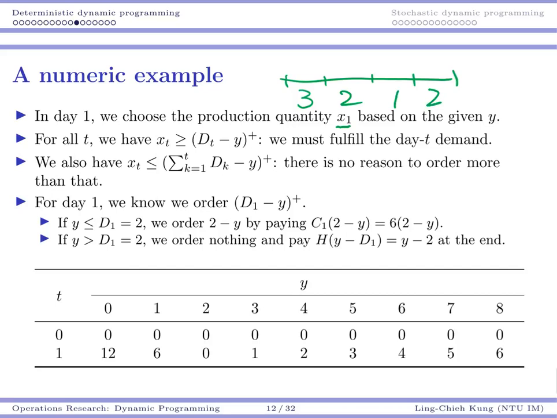So this particular sentence is simply saying for period 4, there's no reason to order more than 8 units if initially I have nothing. If for period 3, then there's no reason to order more than 5 units if initially I have nothing. Okay, so that's the sentence.